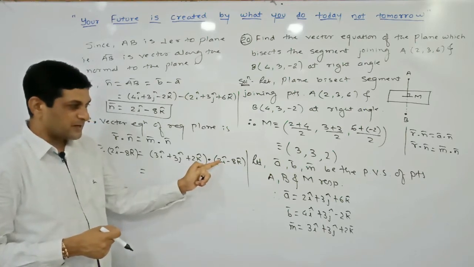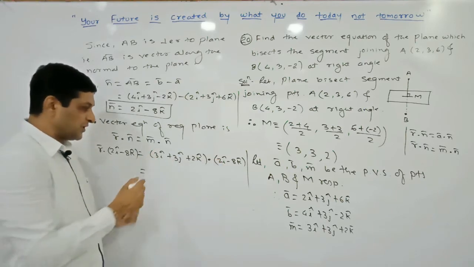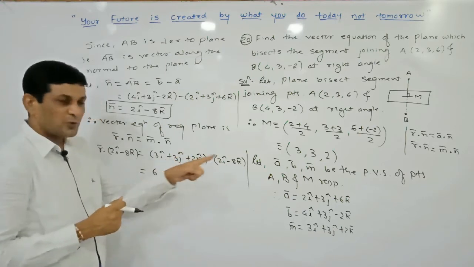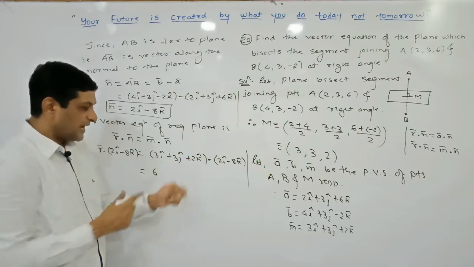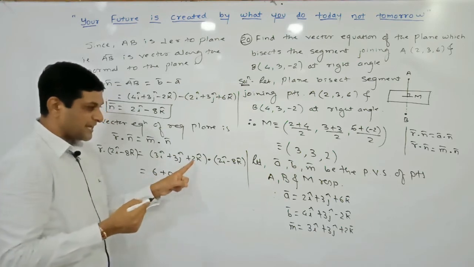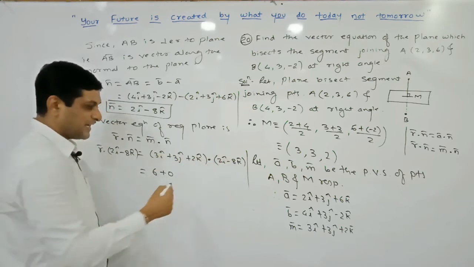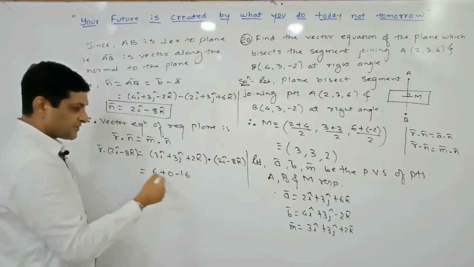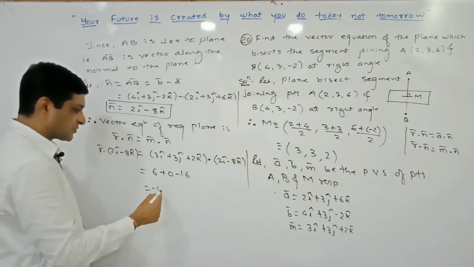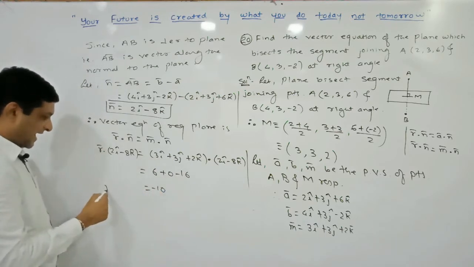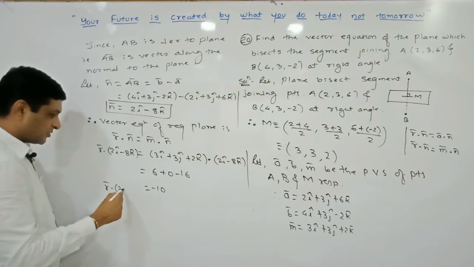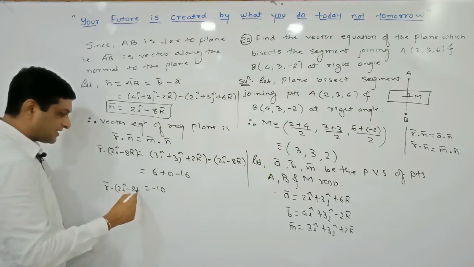On the right hand side, find out the dot product of these two vectors. First take the product of coefficient of i cap, that is 2 into 3 is 6, product of coefficient of j cap is 0, and product of coefficient of k cap is 2 into minus 8 will be minus 16. So 6 minus 16 will be minus 10. Keep this side as it is, r bar dot 2i cap minus 8k cap.